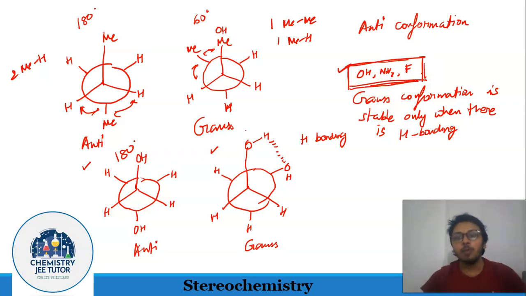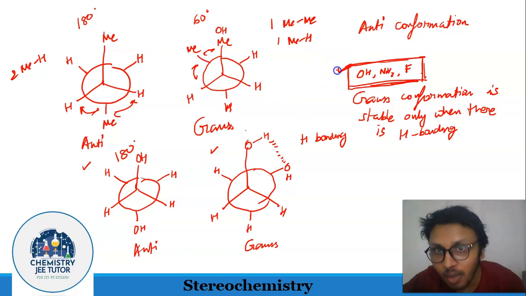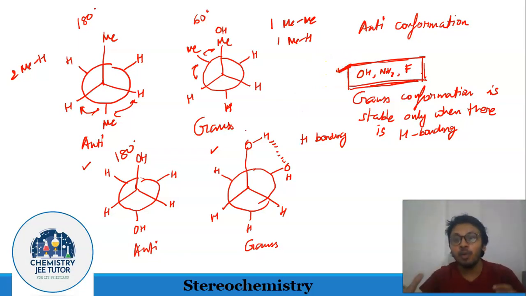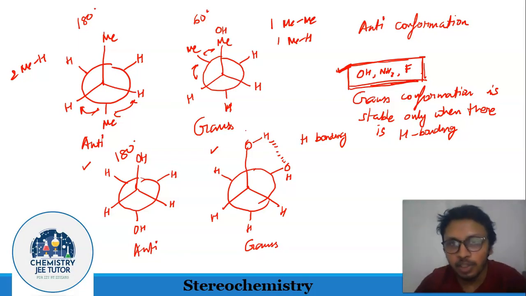And if in the Newman projection two of the substituents are from these groups, like OH-OH, or suppose OH and fluorine, or NH2 and fluorine, or OH and NH2, then only the Gauche conformation is stable. If no such two substituents are there which can show hydrogen bonding, then the anti-conformation is stable. So from here on you can depict which conformation is more stable.